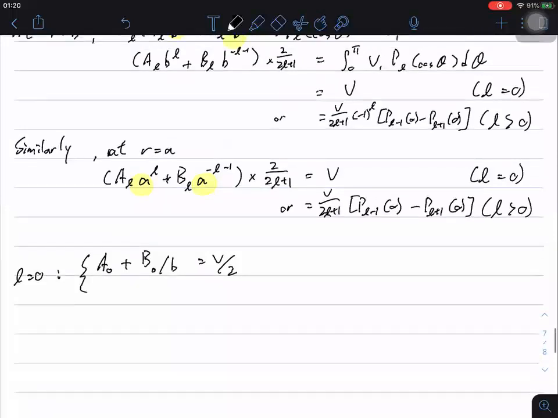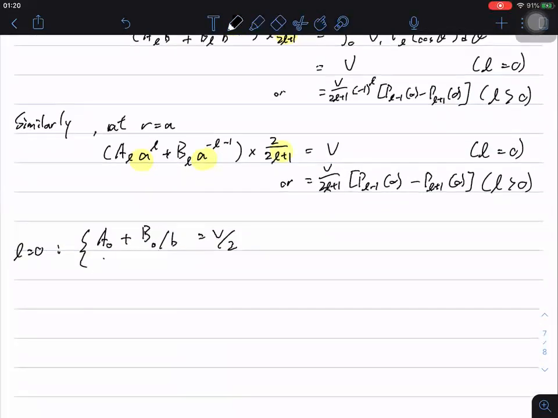Well, because after we move the 2 over 2L plus 1 to the right hand side, it becomes 1 over 2. And similarly, for the second equation, we have A naught plus B naught over A, also equal to V over 2. So obviously, A naught equal to V over 2, and B naught equal to 0.